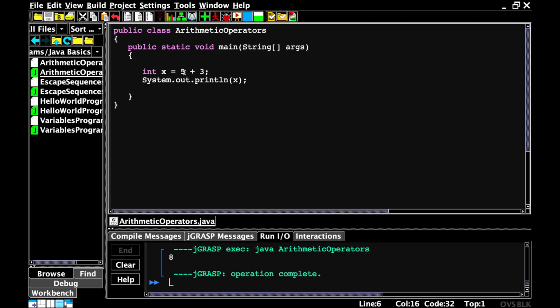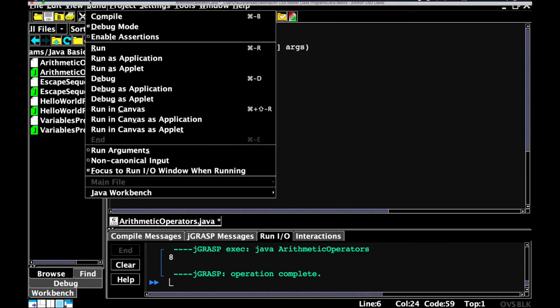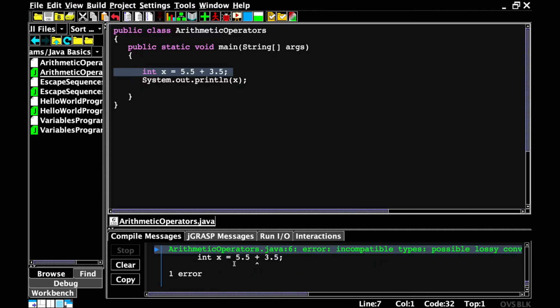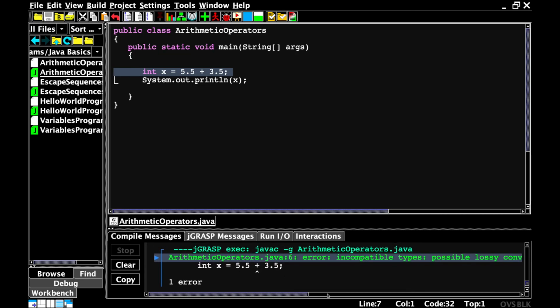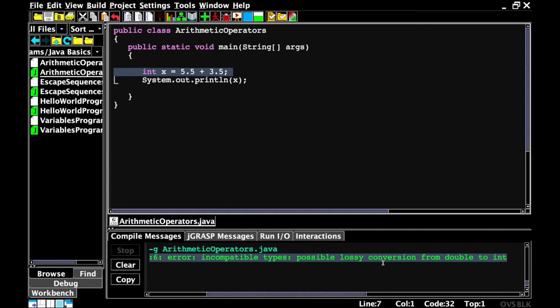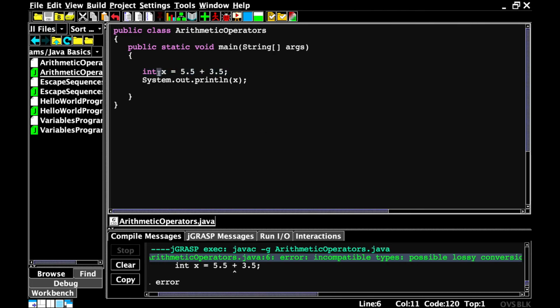Make sure that you do not put a decimal inside this, because I know that this will probably equal some type of integer, right? But the computer gets an error because we get incompatible types, possible lossy conversion. So it sees two doubles and it sees that we're declaring an integer, so it doesn't do that because we're probably going to lose some data.